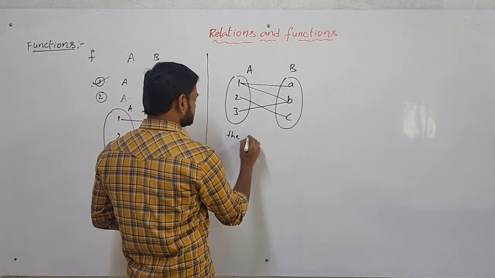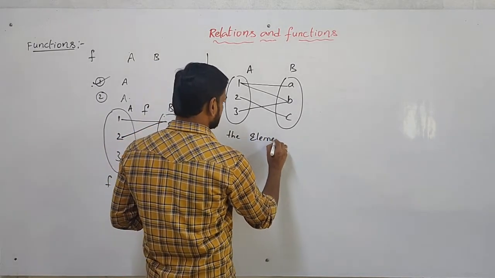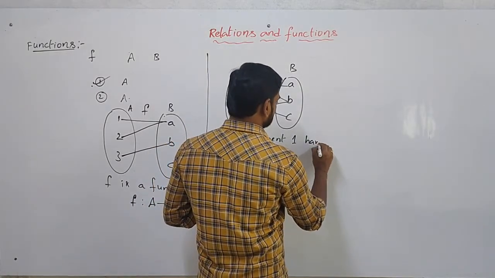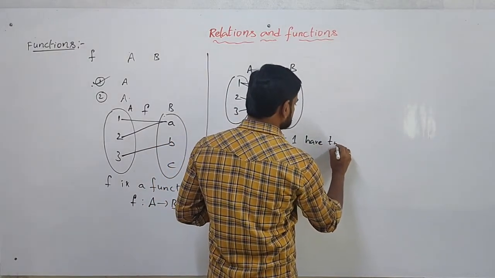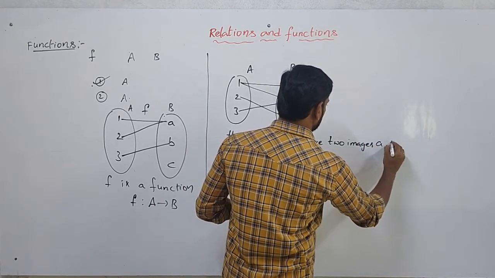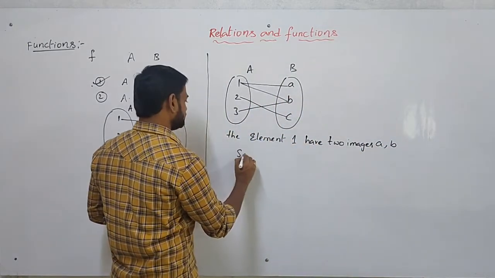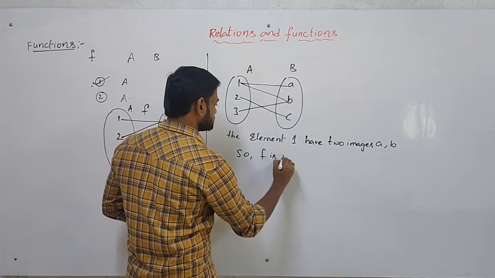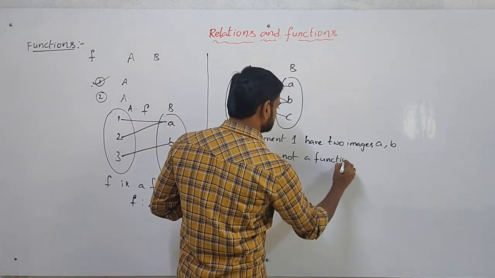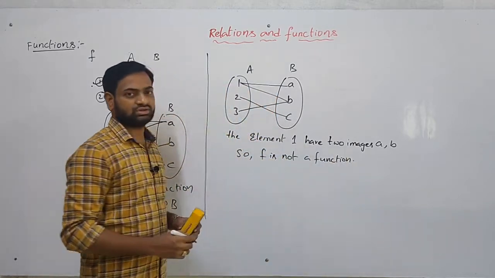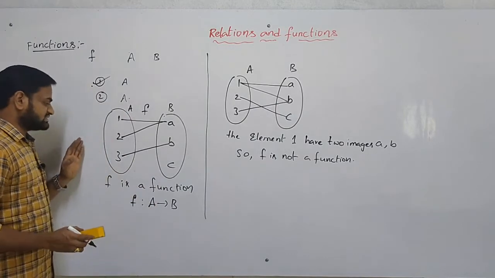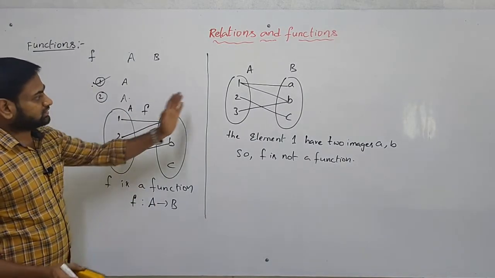The element 1 has 2 images, A, B. So f is not a function. So that is the example for function and not function.